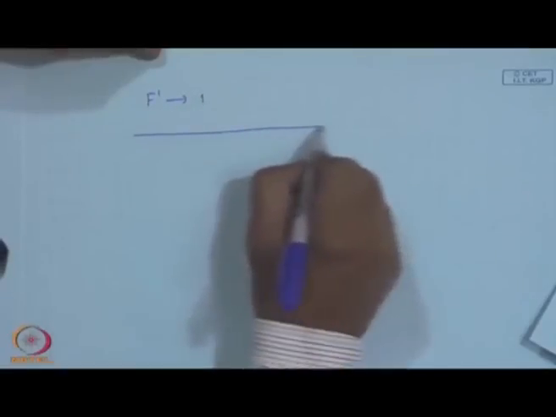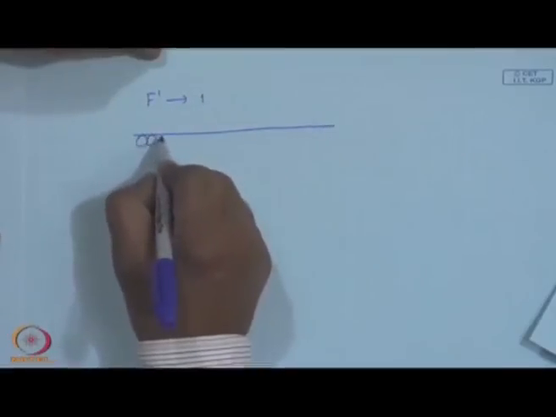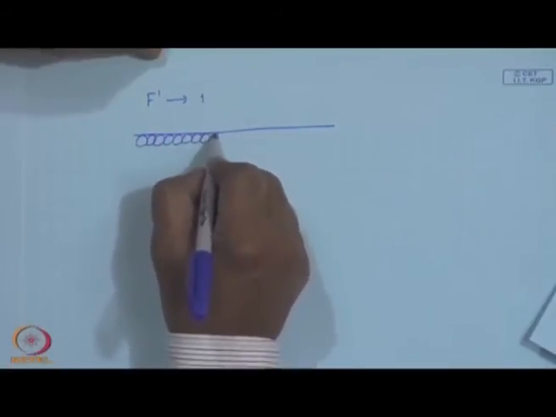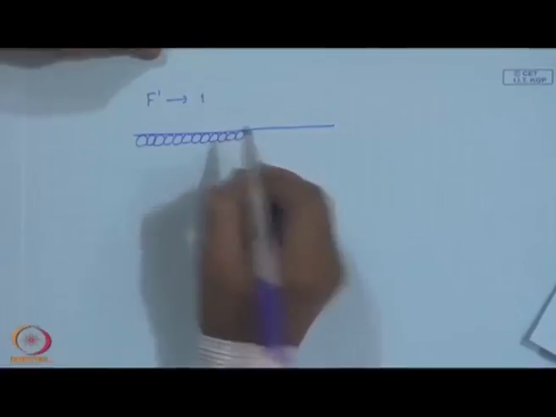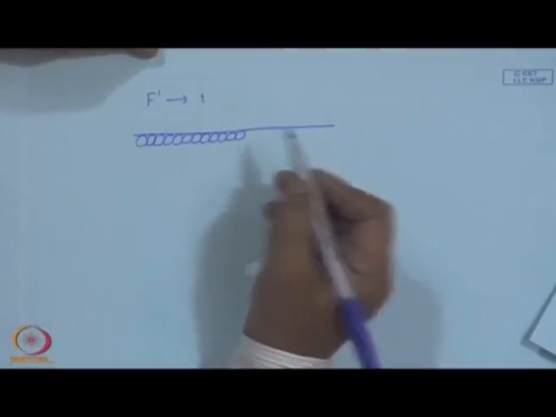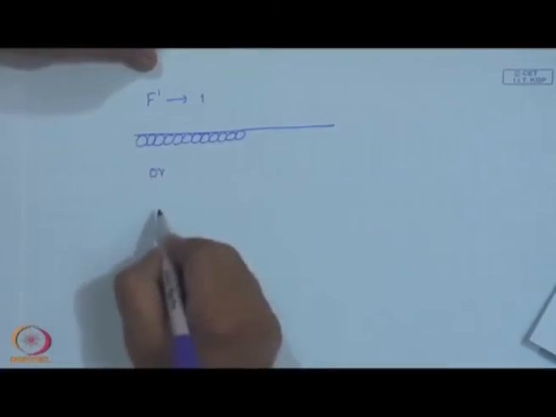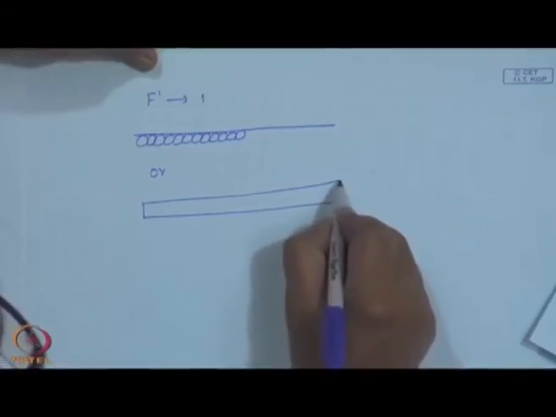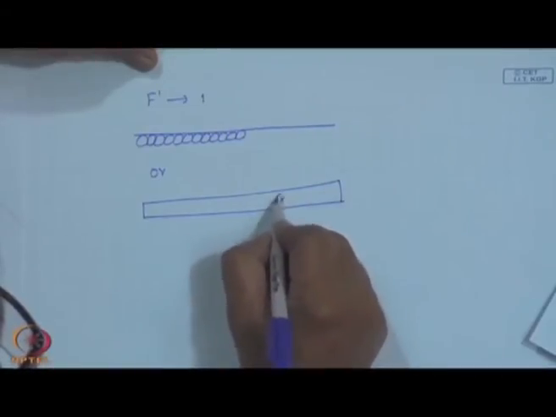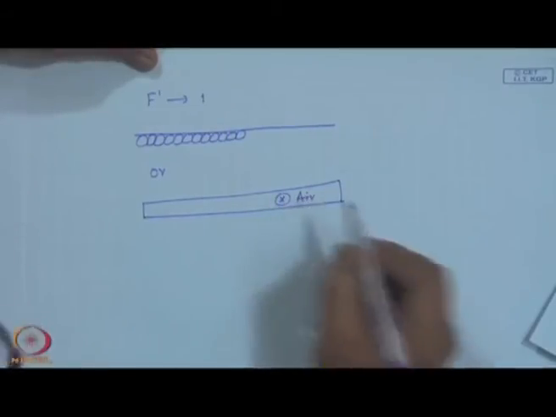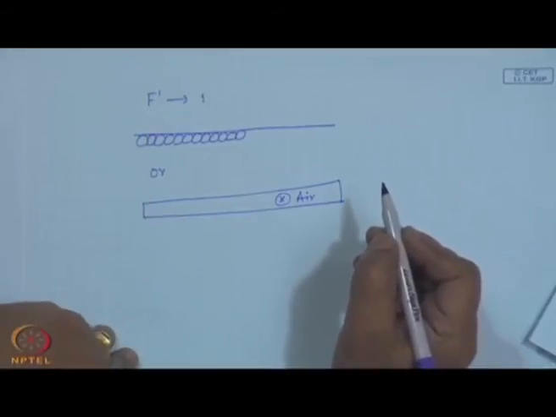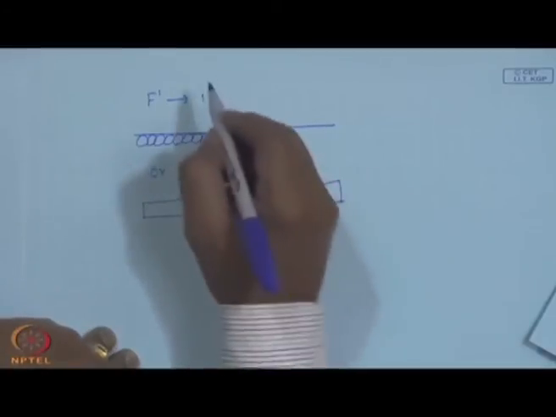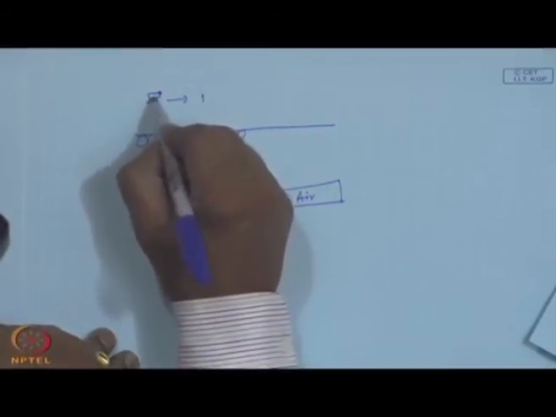For example, if I have tube to tube, a large number of tubes, this F dashed will tend to 1, or for let us say an air heating collector, this may be only a duct with the flow perpendicular to the plane of the paper, and here also the fin efficiency is 1.